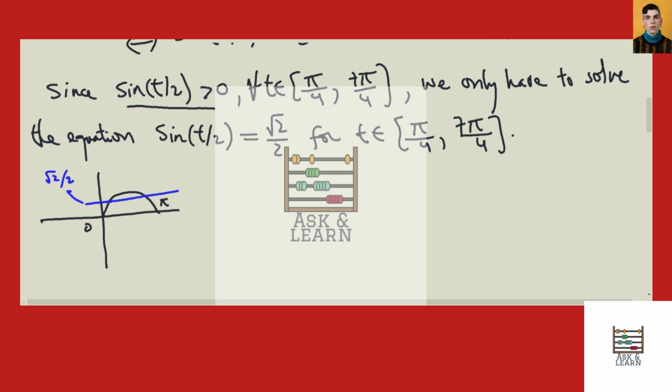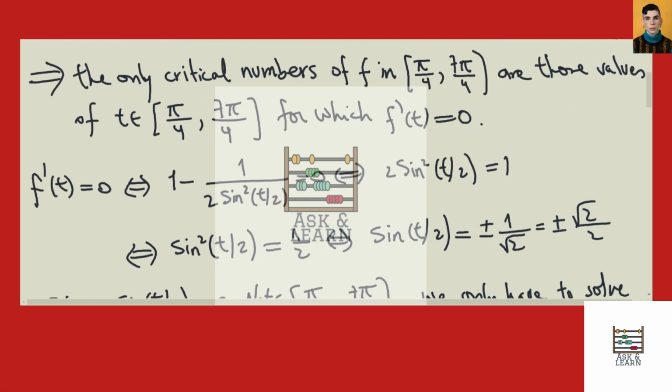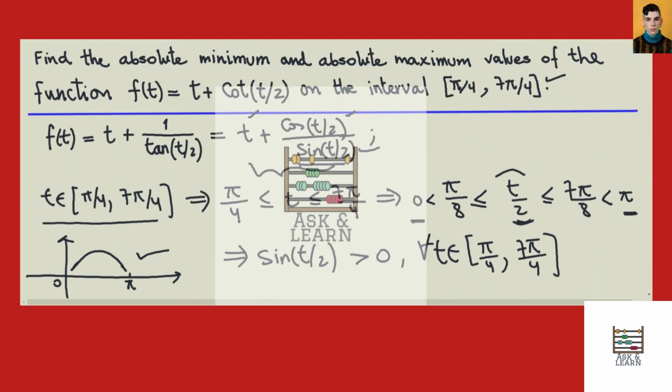And then we have two solutions, even for angles between 0 and pi. We know that t half is between pi eighth and 7 pi eighth. So we're going to solve the equation first and see if we are inside this range.